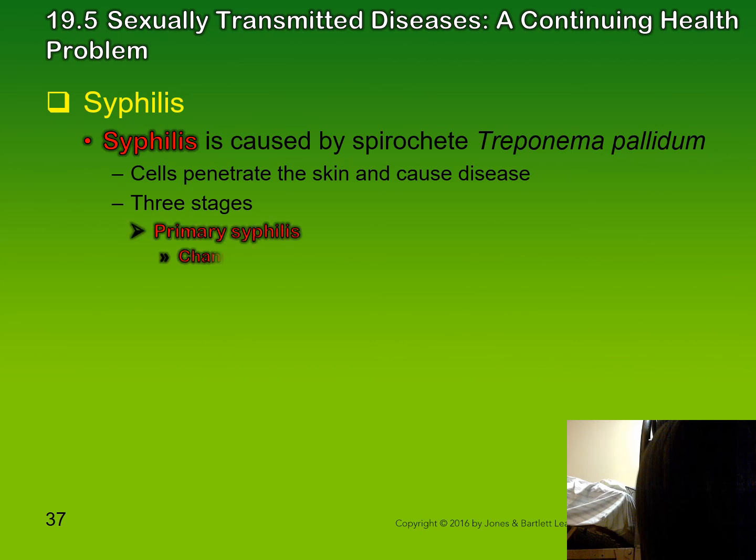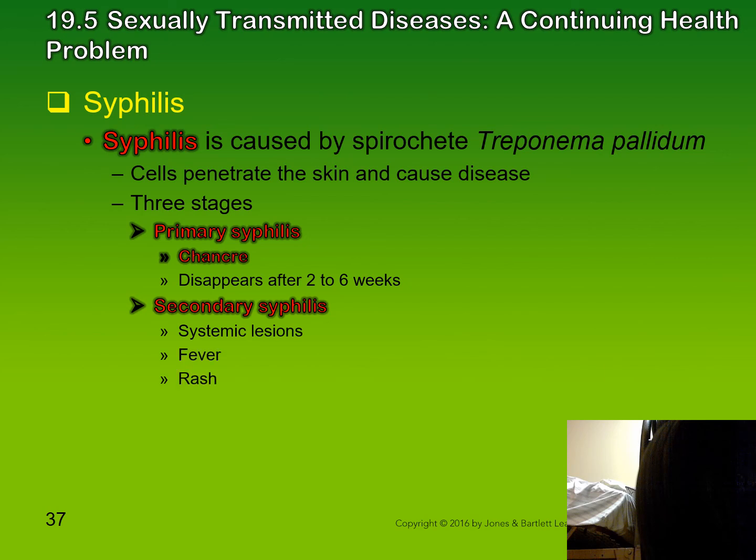The primary syphilis, during primary syphilis, you'll get cankers, and this usually disappears in 2 to 6 weeks. In secondary syphilis, now you get systemic lesions, fever, and a rash, and partial loss of the hair on your head.